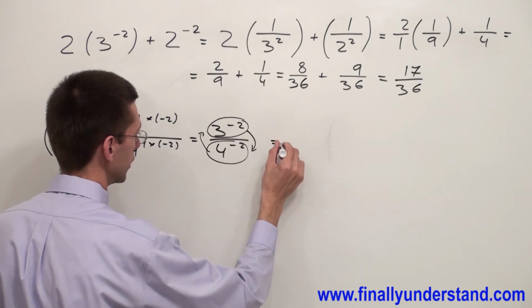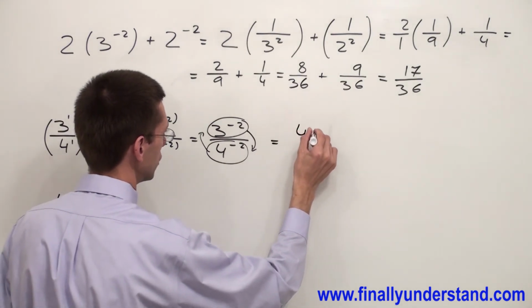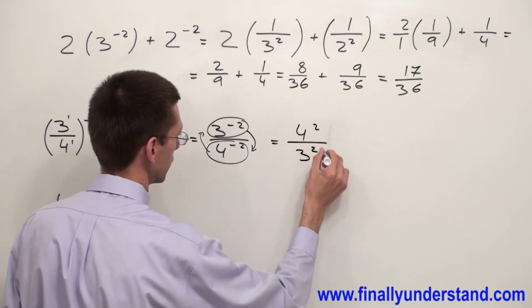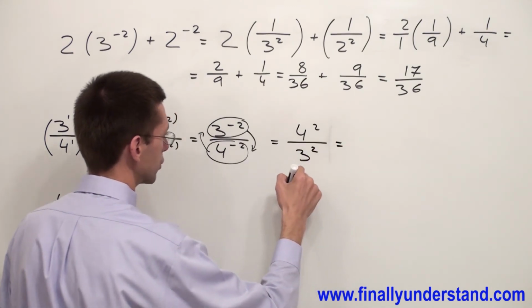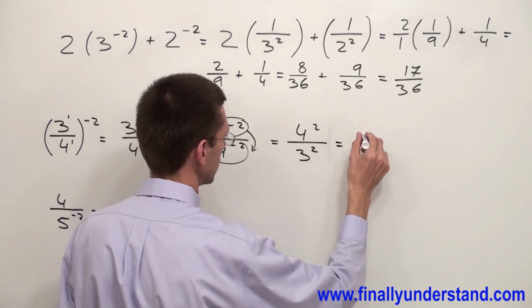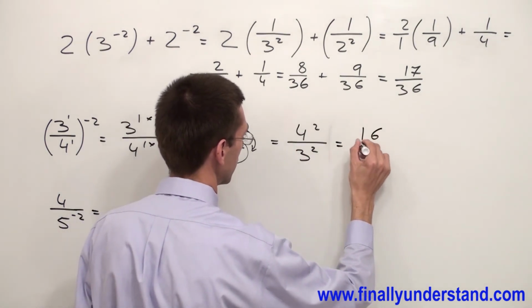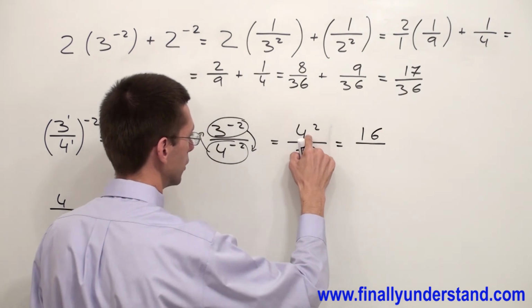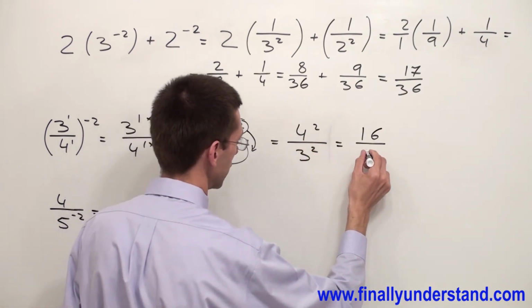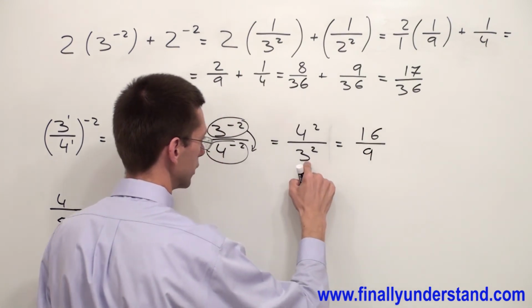Okay? So that's why I'm going to have 4 to the second power over 3 to the second power. Okay? So I can say this is 4 to the second power is 16, because 4 times 4. And 3 to the second power is 9, because 3 times 3.